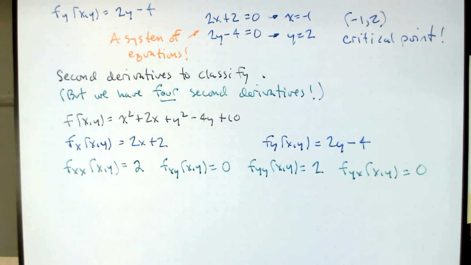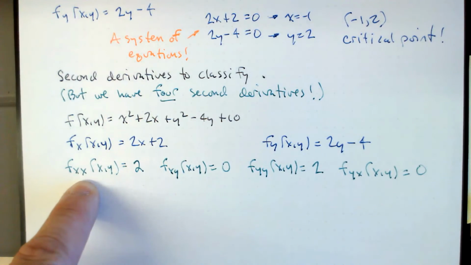Moreover, when we look at f_yy, in the y direction, we also see something concave up. So we see concave up in the x direction, concave up in the y direction. So these second derivatives are telling us that we have a global minimum or a local minimum.